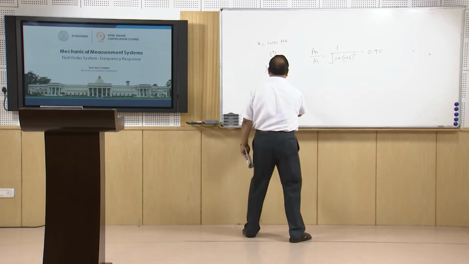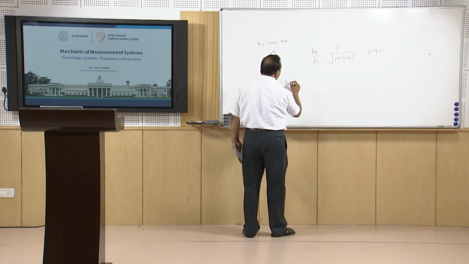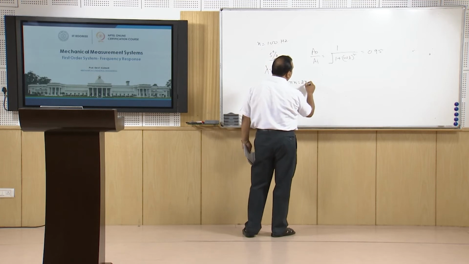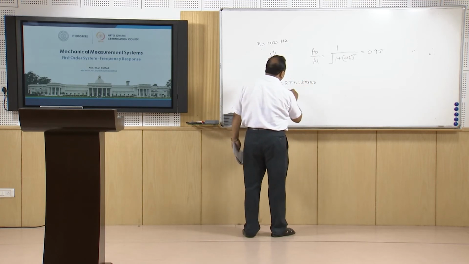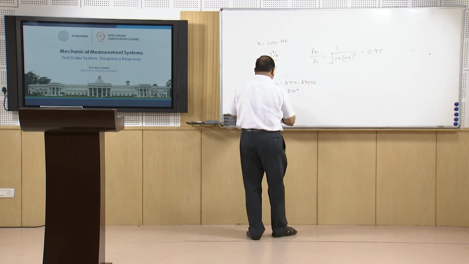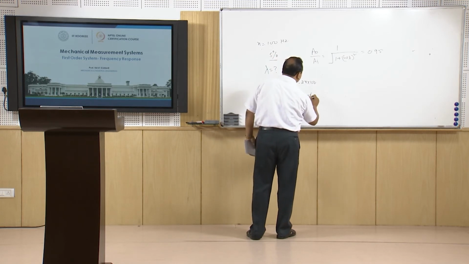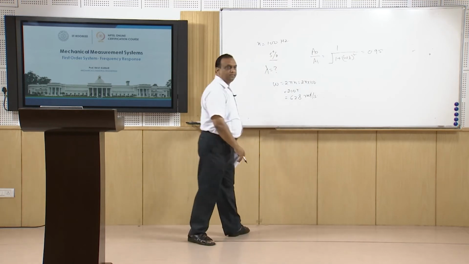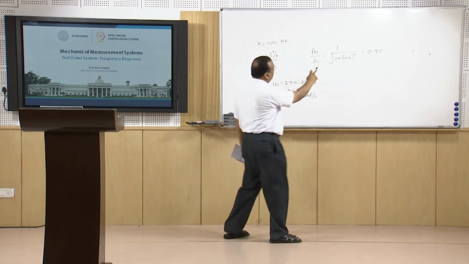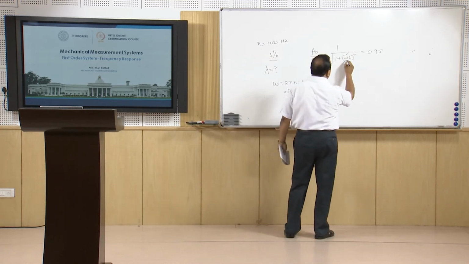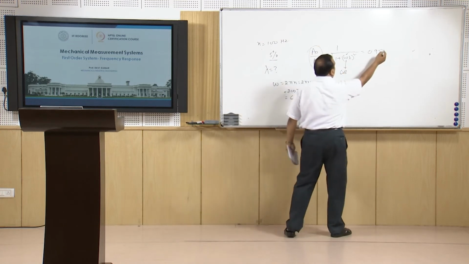Omega is 2 pi n, which is 2 pi multiplied by 100, equal to 200 pi, and that is 628 radians per second. Now we put the value of omega, 628, here. AO by AI is known to us.